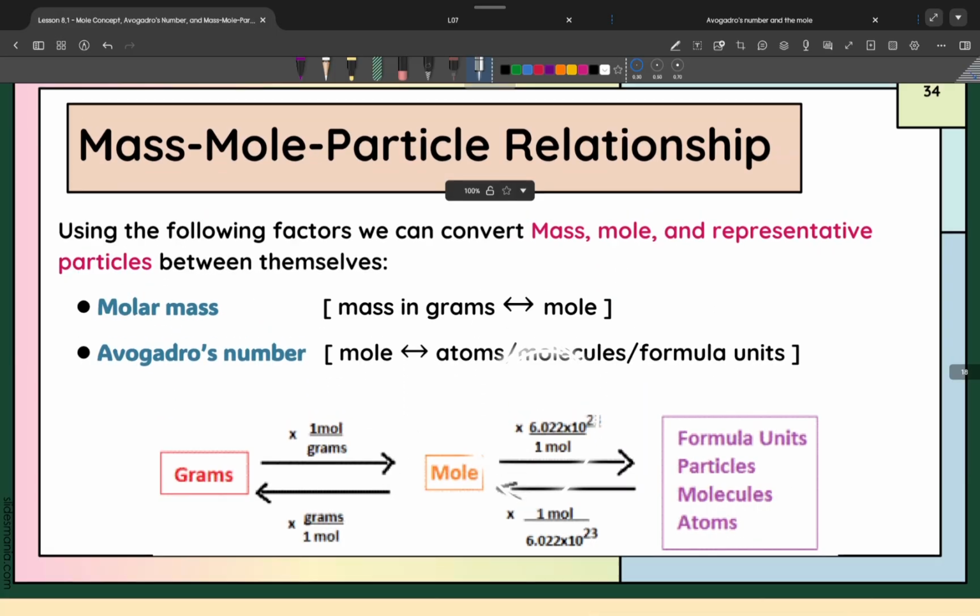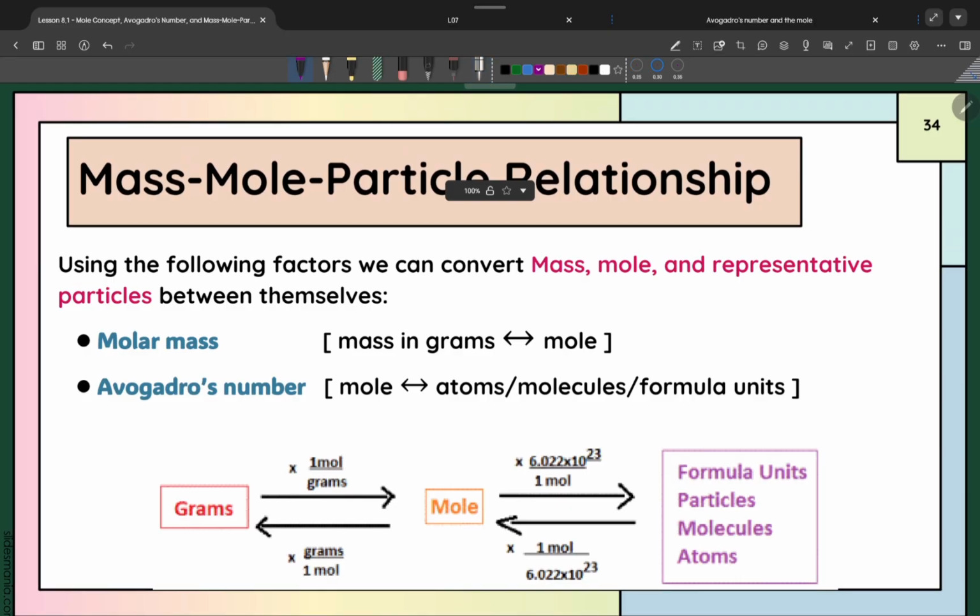So for the mass to mole to particle relationship, for you to convert grams to moles, you'll be using the molar mass, or vice versa.